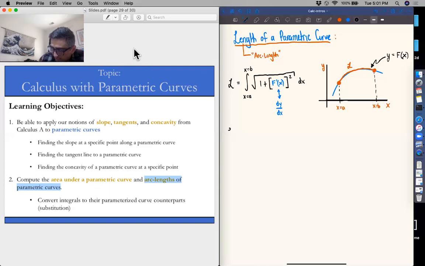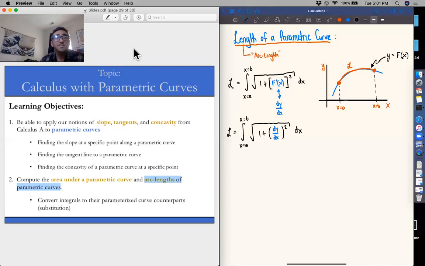So just to rewrite this integral, this is still in the Cartesian form, where we're considering y as a function of x. The integral from x equals a to x equals b of 1 plus, let's consider the derivative squared, or dy dx squared for that slope. And we're integrating still with respect to x.